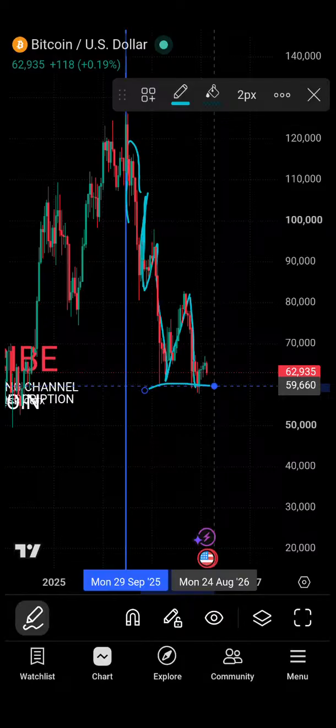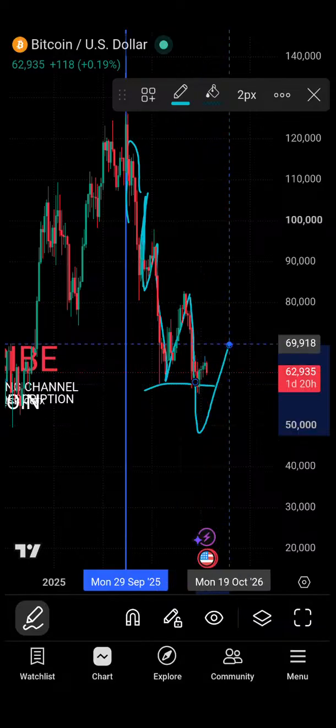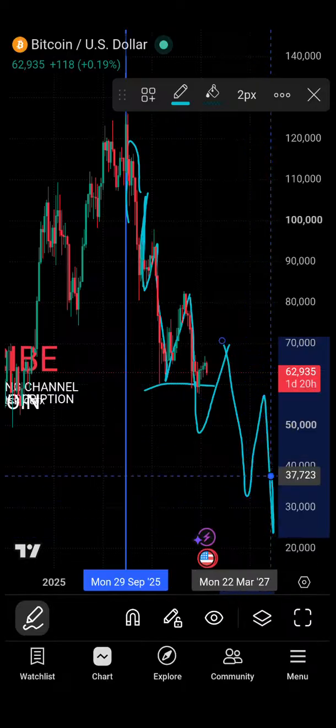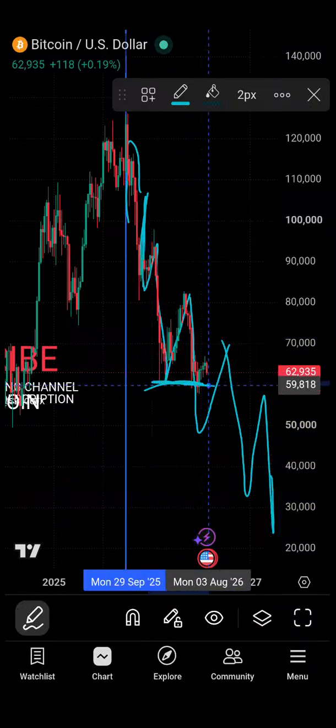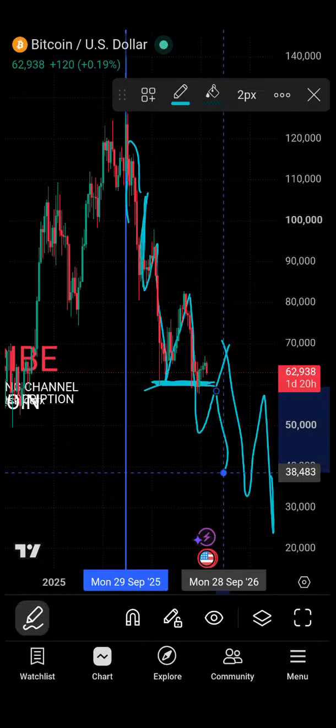So we were expecting Bitcoin to go down, do a lower low, and then come back up to do a lower high, continue like that. But right now it looks like price is holding above this area, so we are going to see if it will hold above this area or continue moving towards the downside.